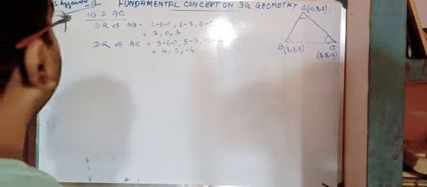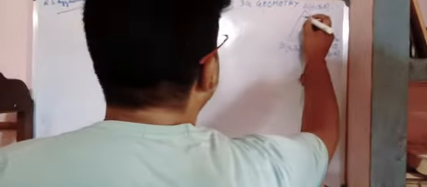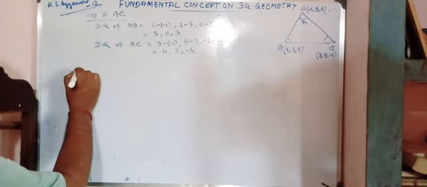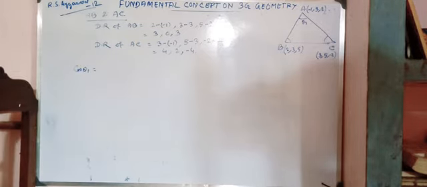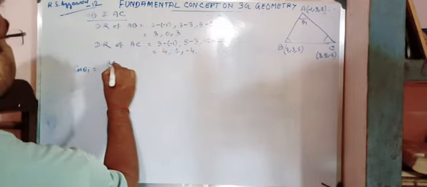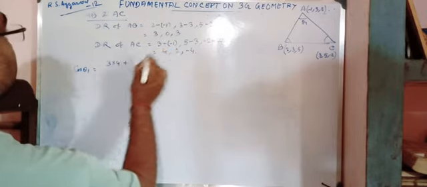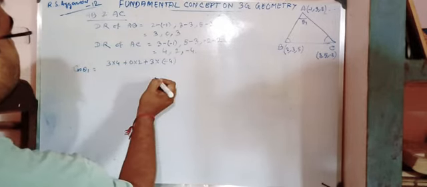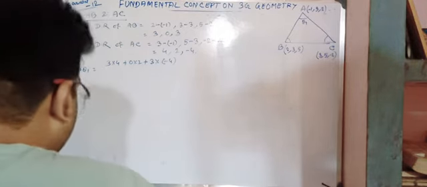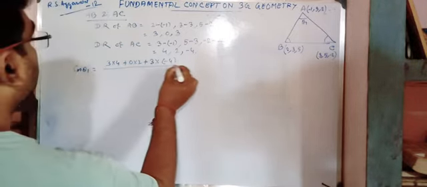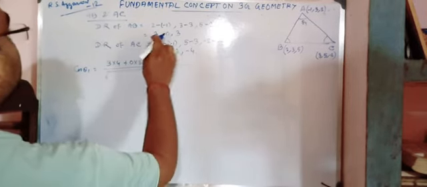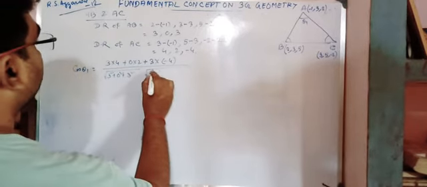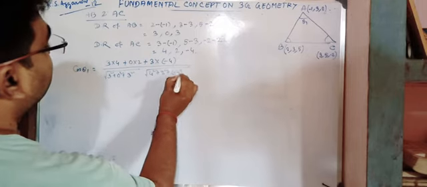Now we have to find the angle between them. We take the angle as theta 1. So cos theta 1 is this into this: 3 into 4 plus 0 into 2 plus 3 into minus 4, divided by root over of 3 square plus 0 square plus 3 square, times root over of 4 square plus 2 square plus minus 4 square.